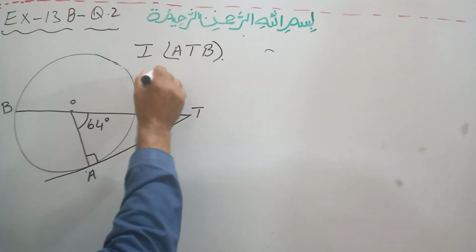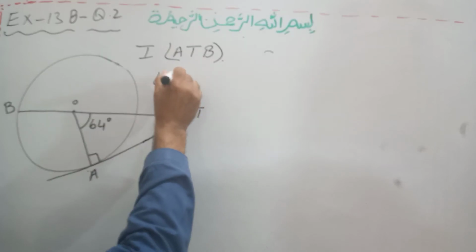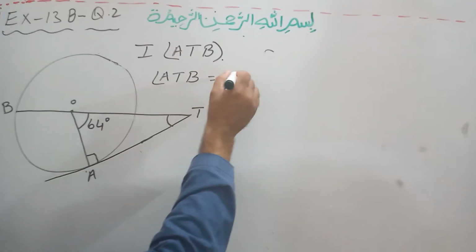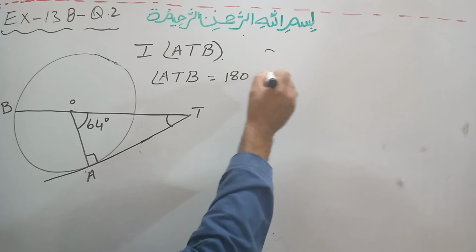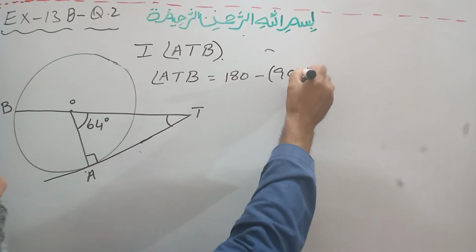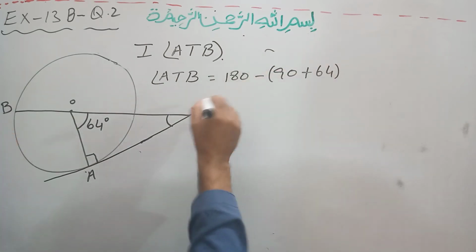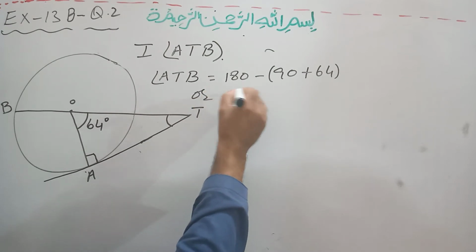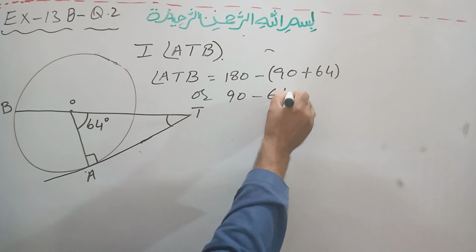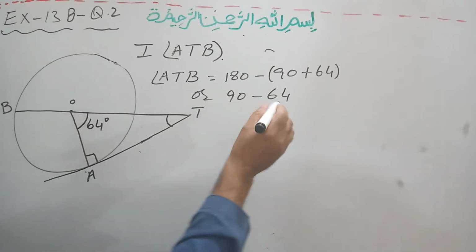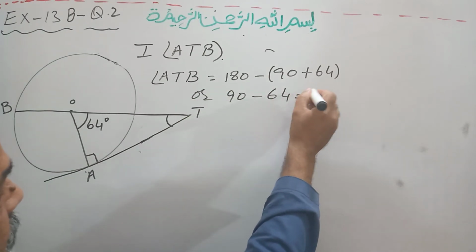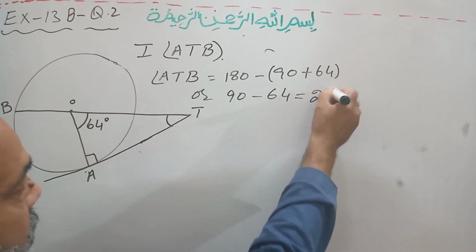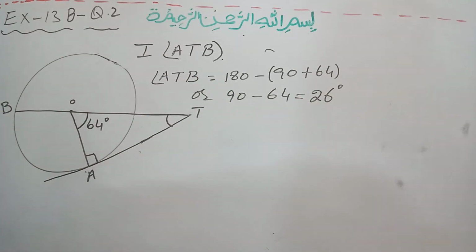So ATB is equal to 180 minus (90 plus 64), or 90 minus 64, which is 26. The answer of this part is 26 degrees. Angle ATB is equal to 26 degrees.